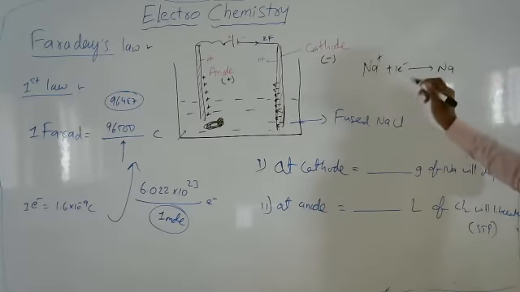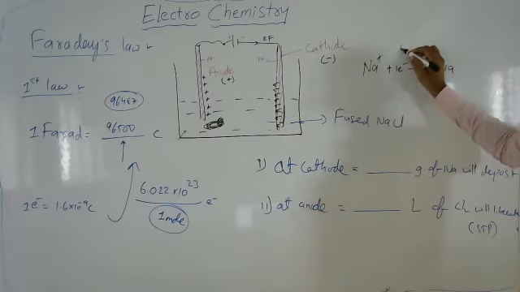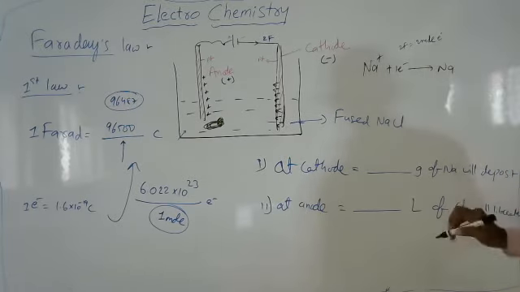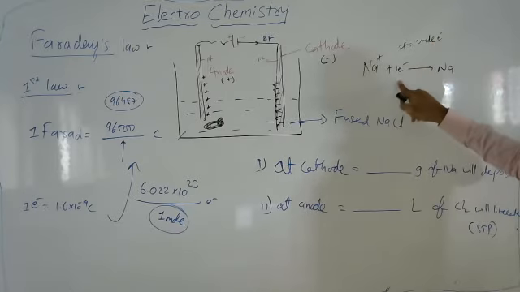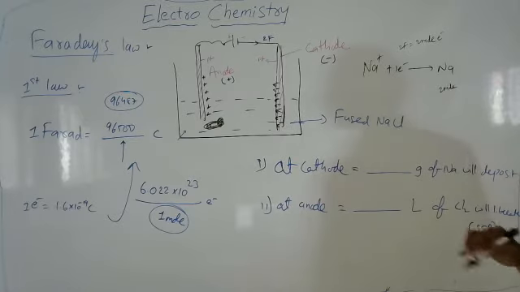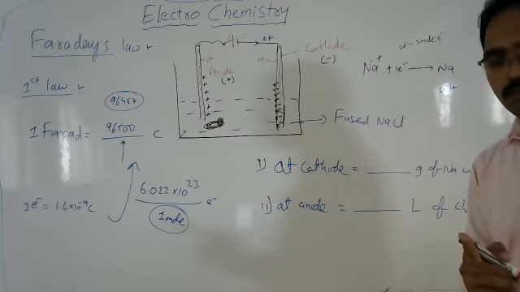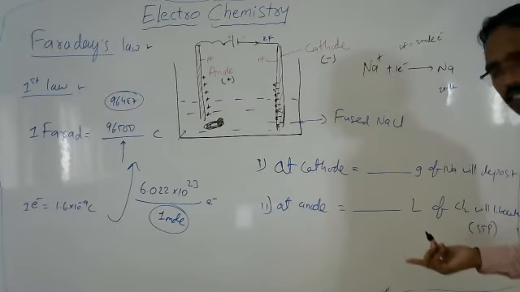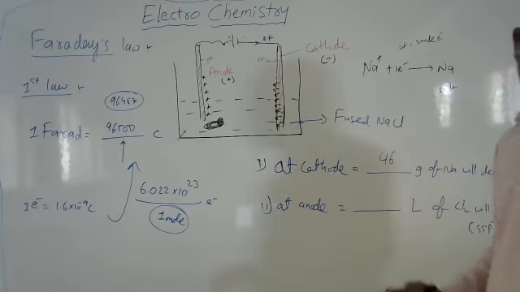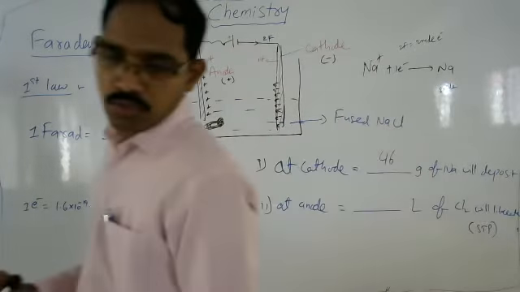I am using 2 farad, which means 2 moles of electrons, so 2 moles will form. 1 mole of sodium is 23, 2 moles is 46. So the answer is 46. Still, if anyone has not understood, you can ask.